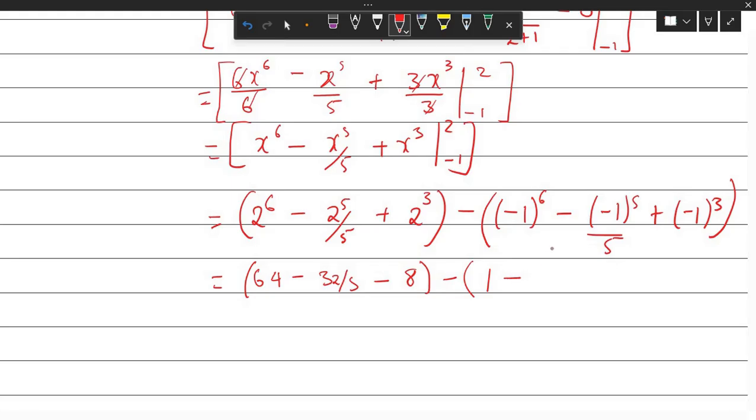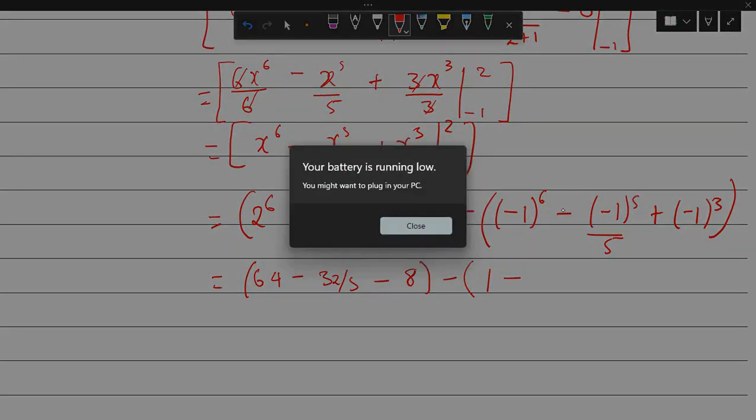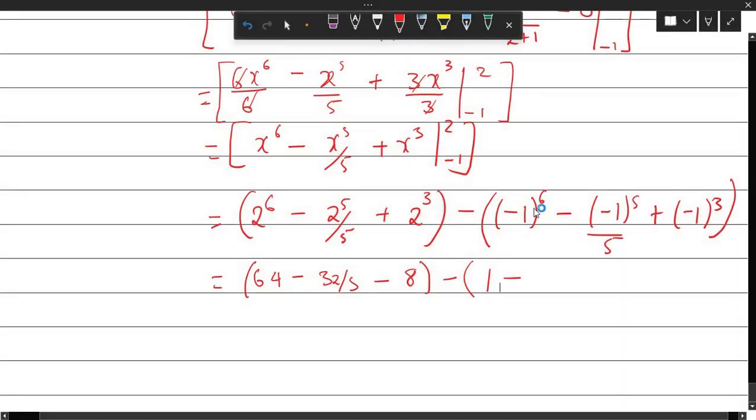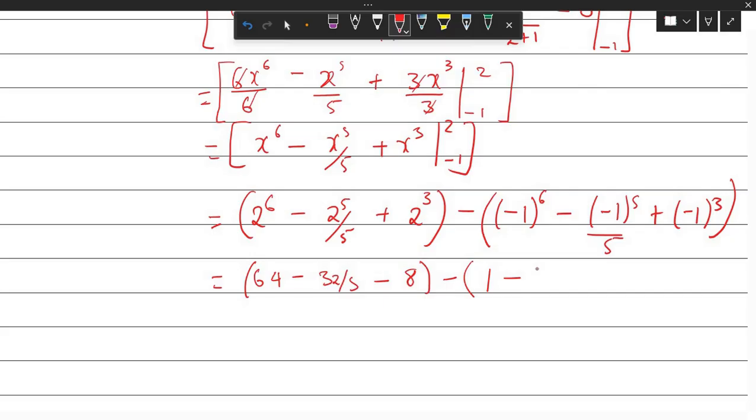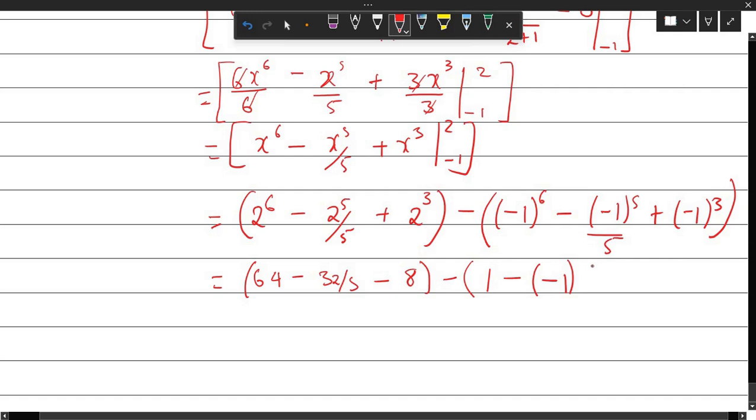This is not an even number. We know 5 is not an even number, so the resultant will be a negative number, so it needs to be -1 over 5. Plus, we know 3 is not an even number, meaning your answer will be -1. Okay, you close your bracket.